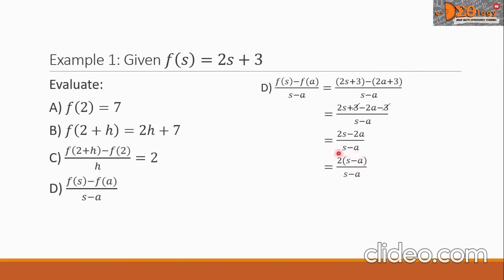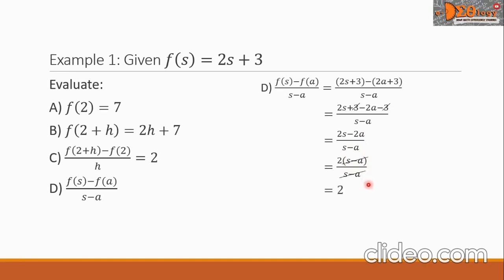So the number 2 is factored out, then multiplied by the s minus a. This s minus a has a counterpart in the denominator, which is s minus a also. It means we can cancel the s minus a and the s minus a in the denominator respectively.